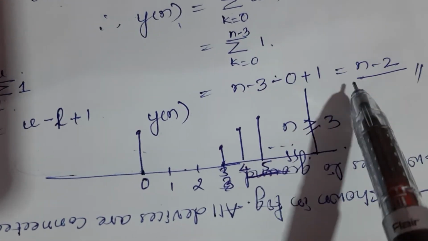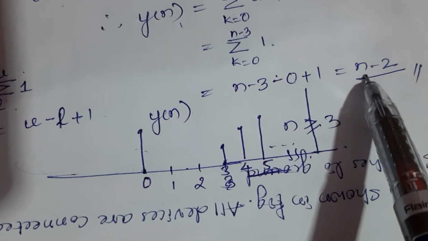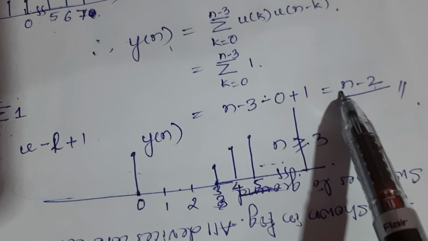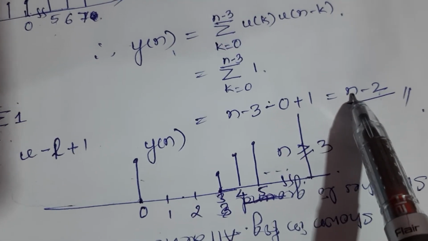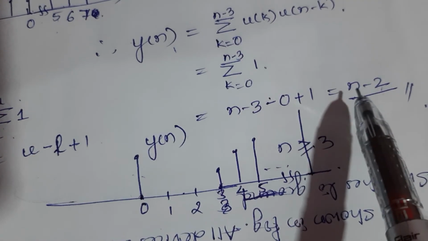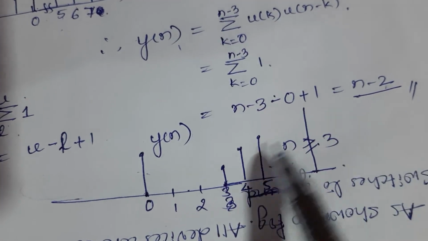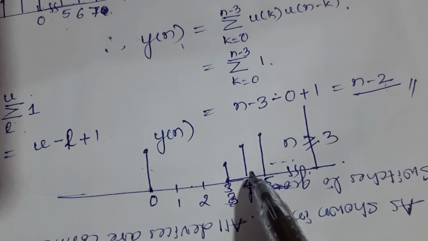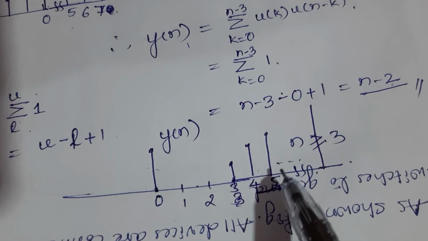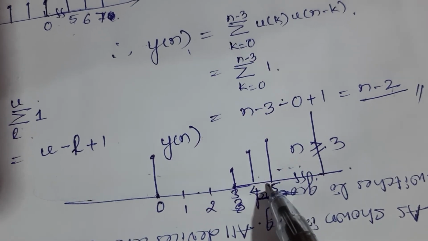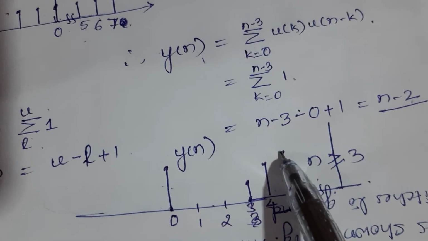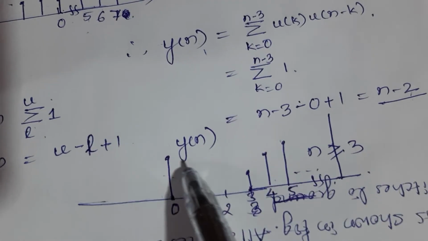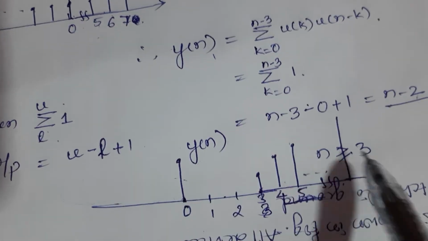So n minus 2, we take the value of n as 3 or any value greater than 3. When n is equal to 3, 3 minus 2 is 1. When n is 4, it is 4 minus 2, which is 2. When n is 5, it is 5 minus 2, which is 3. So in this way, the output waveform can be represented in generalized form.